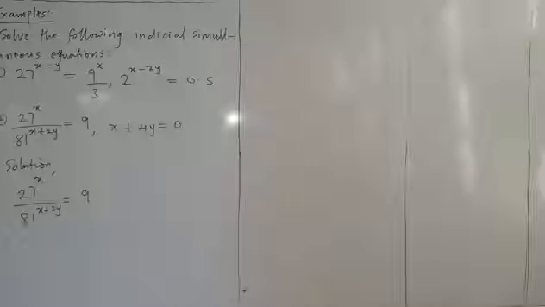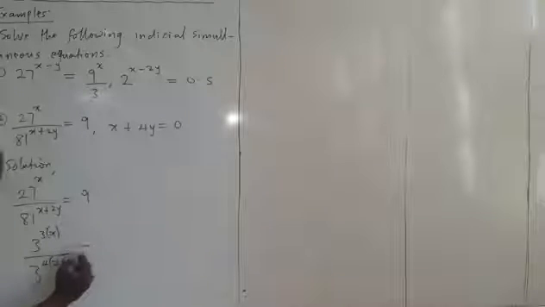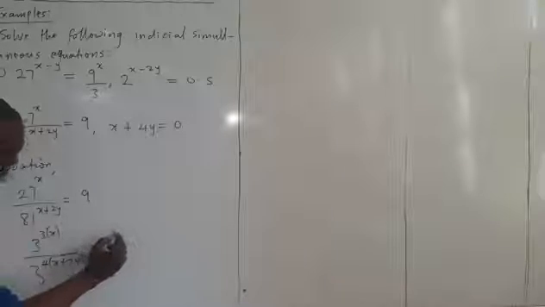And the same base we are going to express 27, 81 is to express them in base 3. And the base 3 of 27 is 3 raised to power 3 raised to power of x, then all over 81, that is 3 raised to power 4. So 3 raised to power 4 into x plus 2y, which is equals to 9 in base 3, that's 3 raised to power of 2.